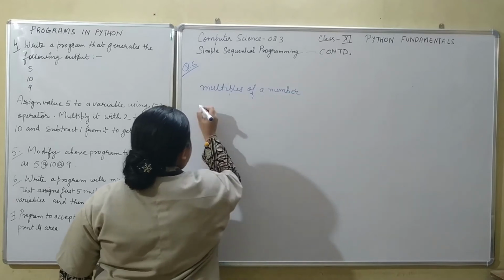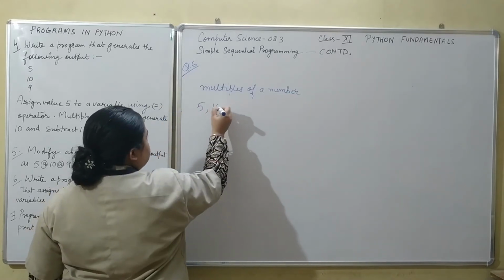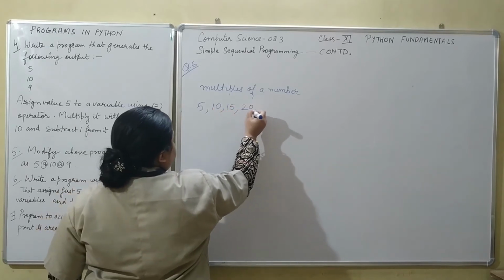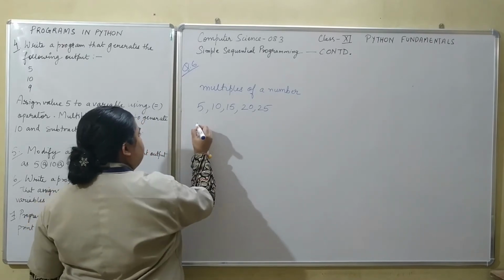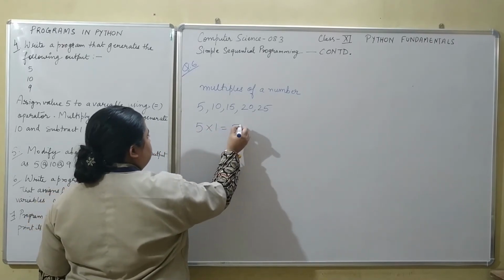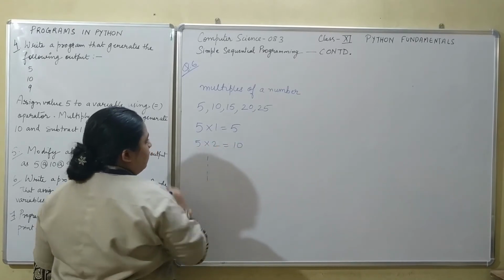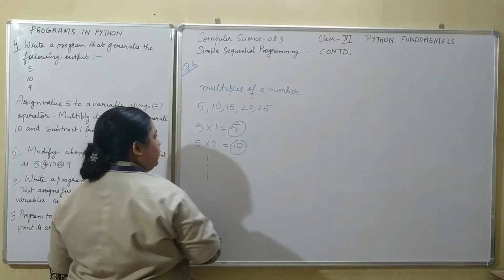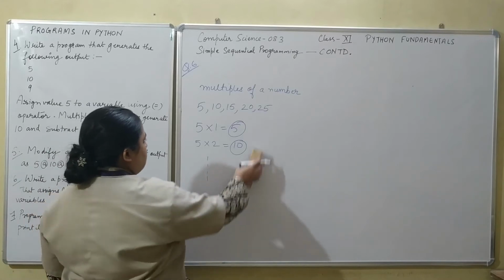Suppose we have a number 5, what are the multiples of a number? These are the multiples of a number. That is, usually we would be writing it this way. And so on. So the multiples of 5 are 5, 10, 15, 20, 25 and so on.